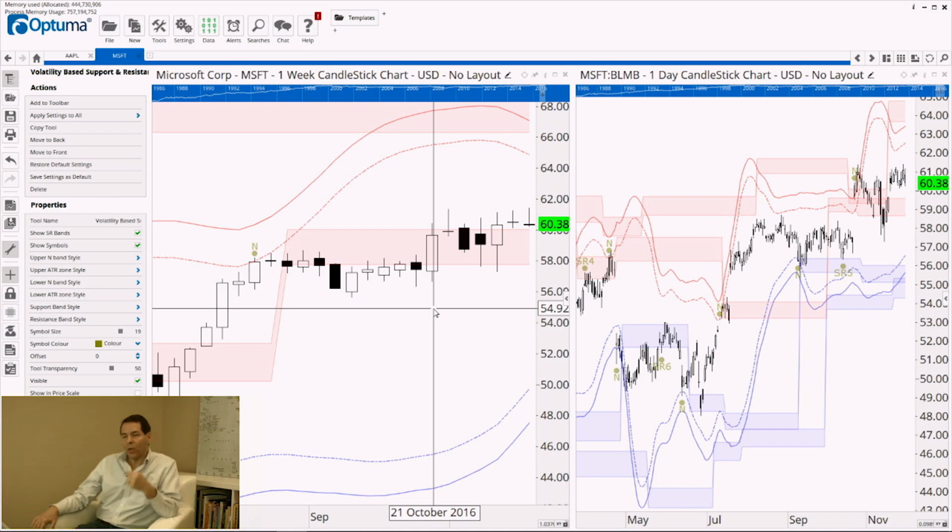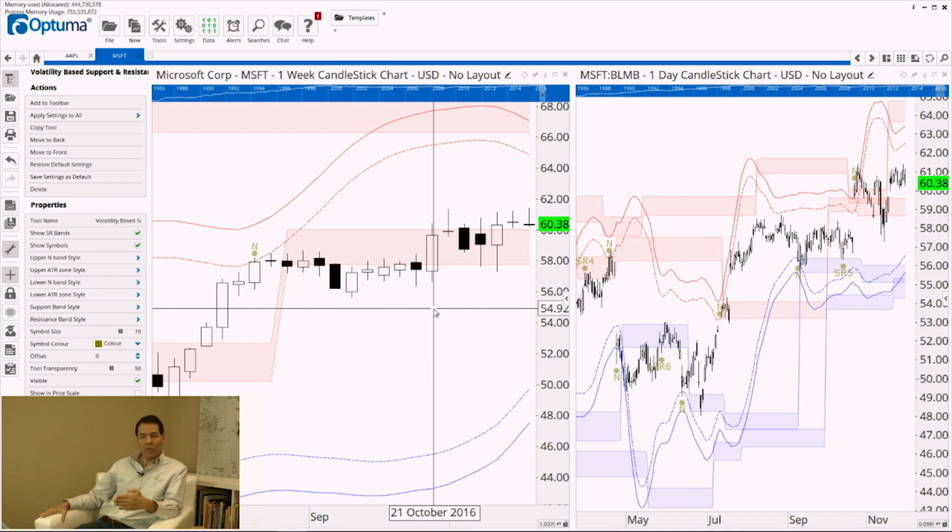And so what we have here is a zone of resistance on the weekly chart. That was confirmed in what looks like late August of 2016. It then projected a zone of resistance forward, and that resistance stayed in place for a certain quantity of bars.